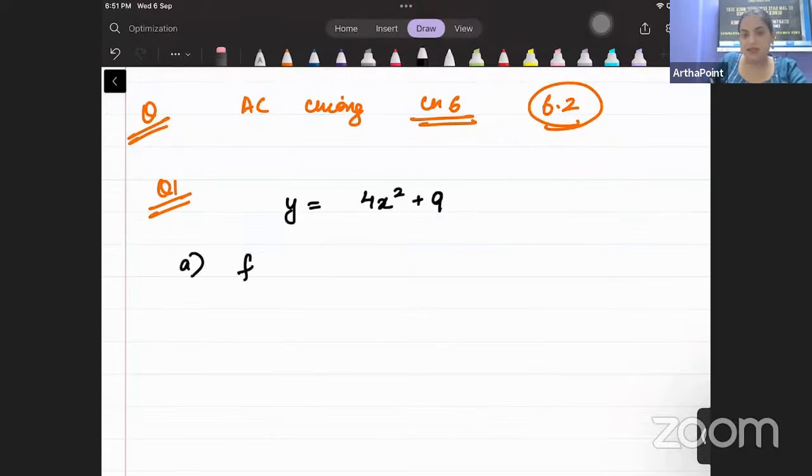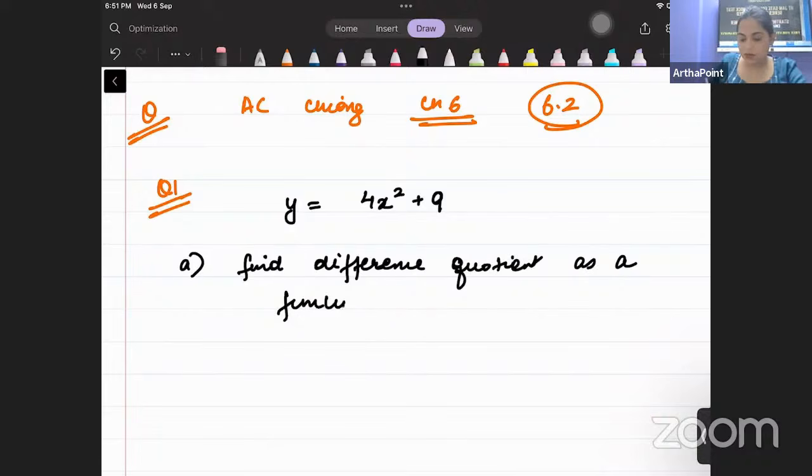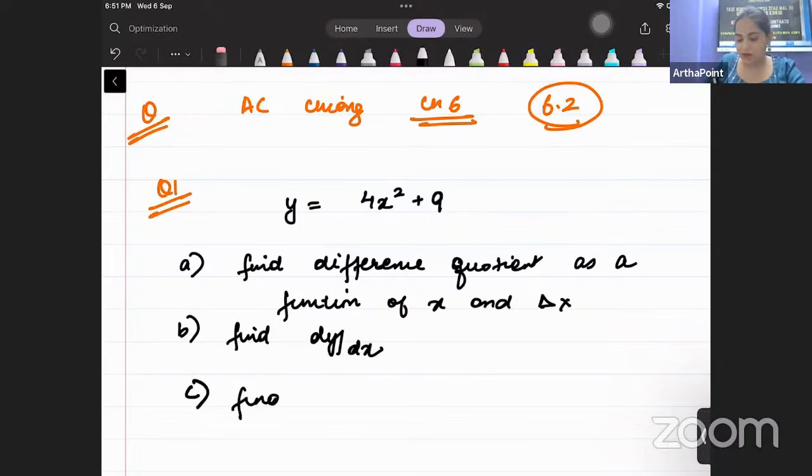First, it says find the difference quotient as a function of x and change in x. Okay beta? Part B, find derivative dy by dx. Part C, find f dash 3 and f dash 4. Okay? Is this clear, beta?